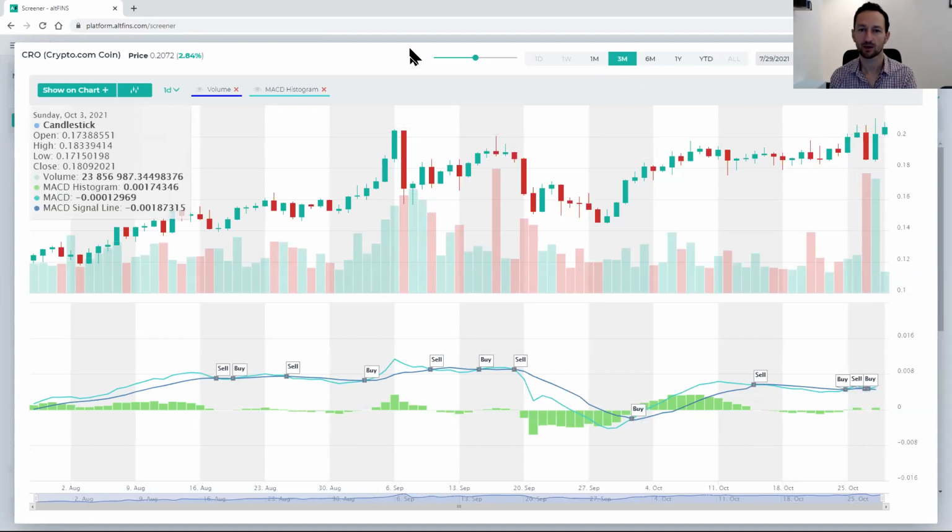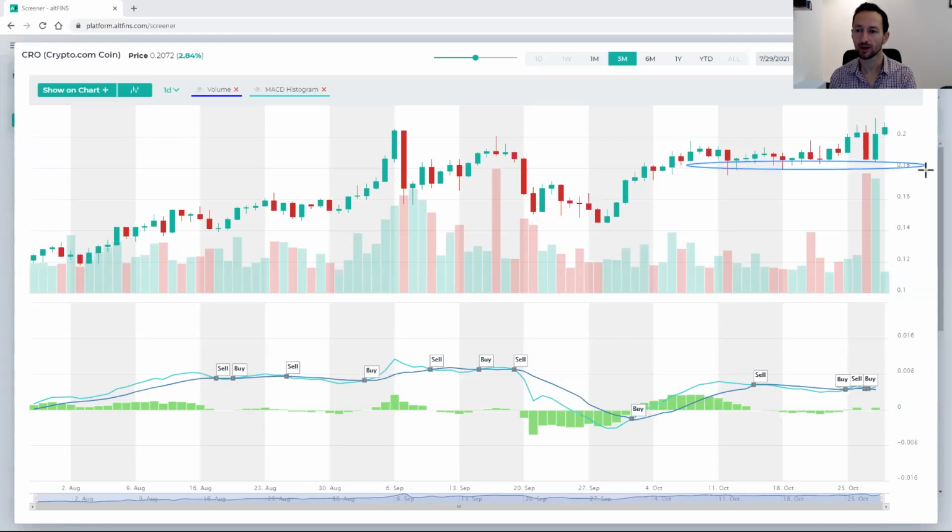A couple of days ago when the market pulled back sharply, and that looks like a decent support area around that 18 cents or so. Actually, I should draw it as a rectangle right here. So I'd say my downside from 20 cents to 18 cents is 10%, right? My upside from 20 to 25 cents is 25%. So 25 versus 10, that's 2.5 reward to risk ratio.